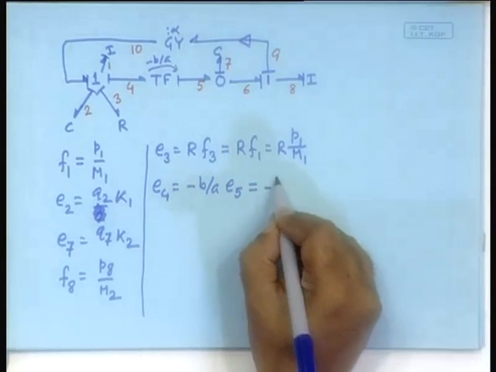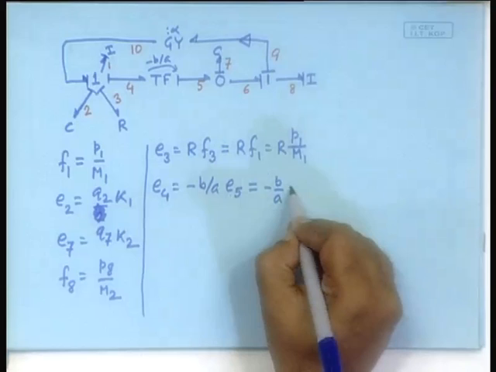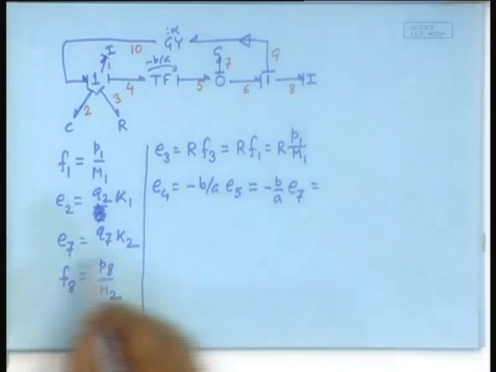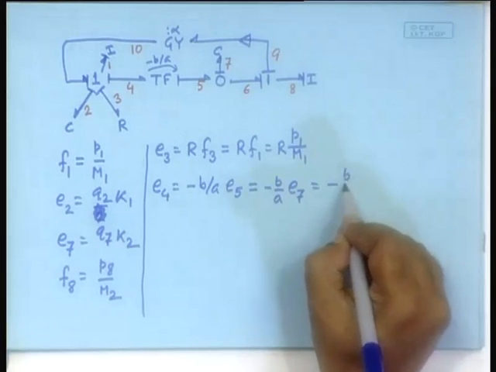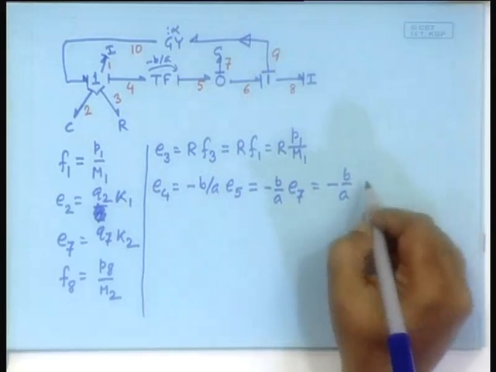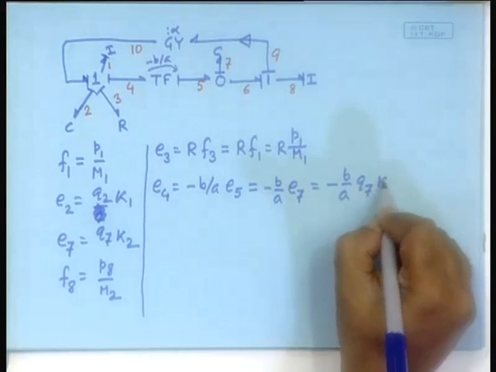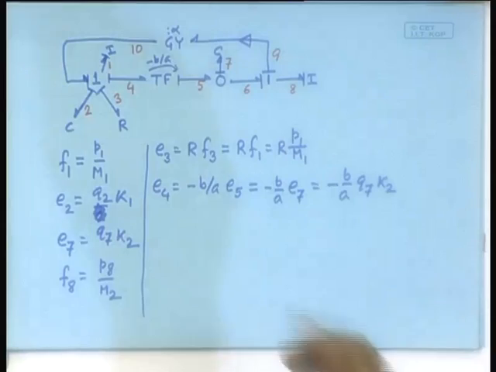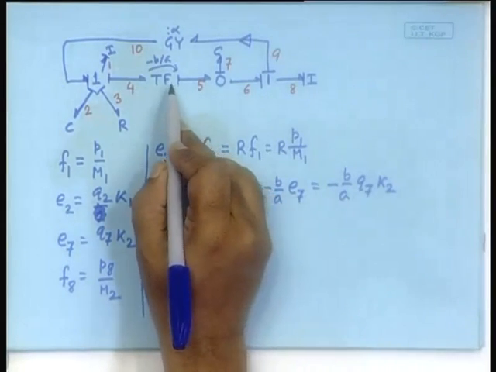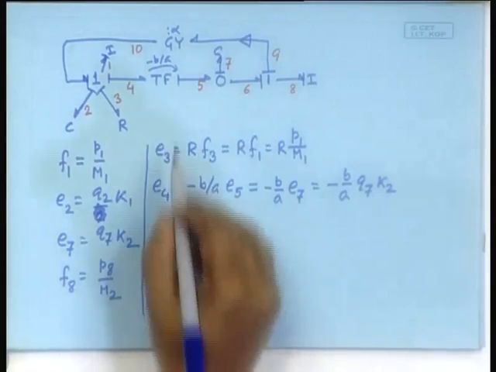So, minus B by A E7, which is Q7 K2, done.